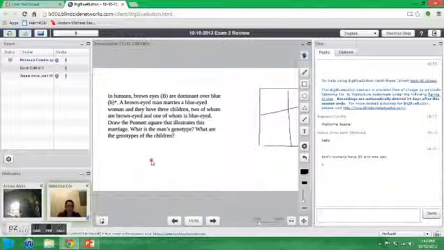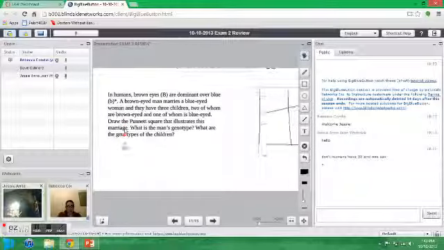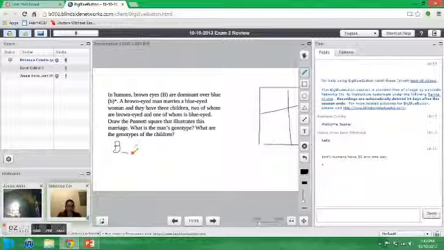So what possible genotypes could the man have if he has brown eyes and brown eyes are dominant? Big B, big B, or big B, little b. Yeah, it can be either one. I'll just leave it as a big B and a blank for right now.